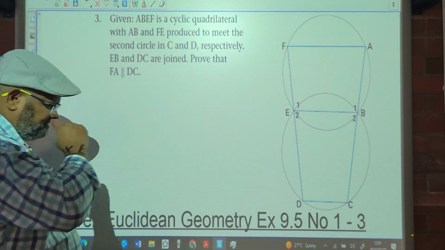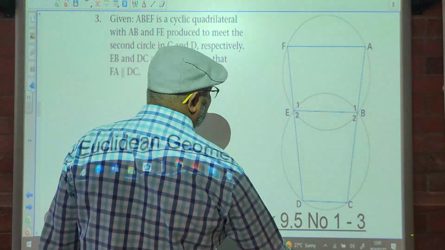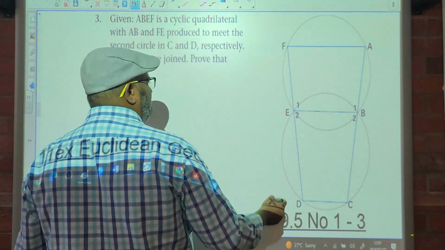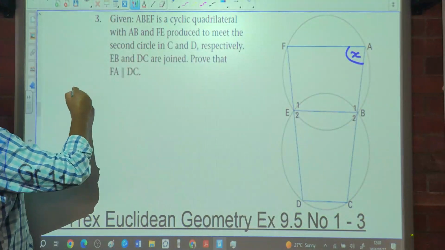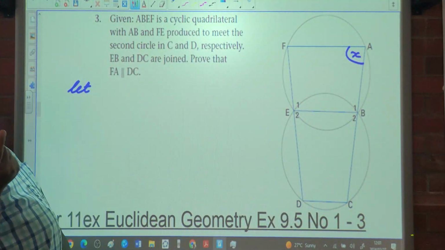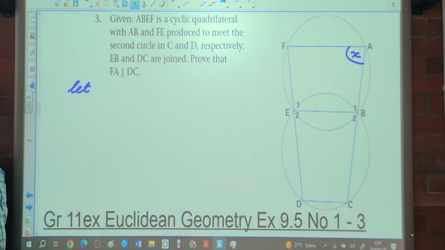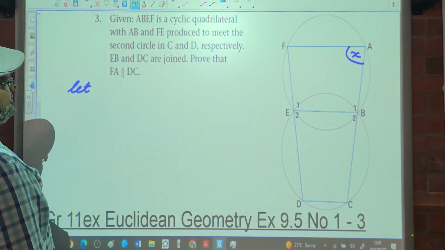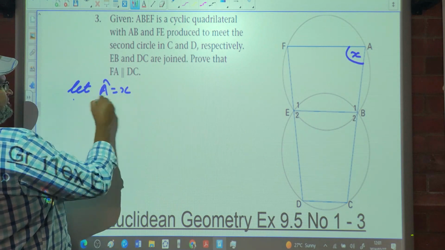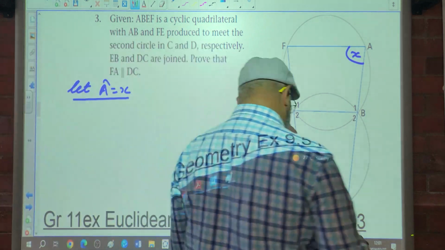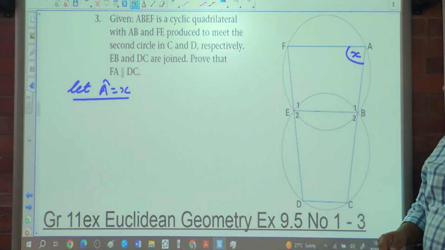When we start, of course, you're going to start with an angle. So let angle A equal X. We're going to look either for alternate, corresponding, or co-interior angles. Okay, guys look very confused.